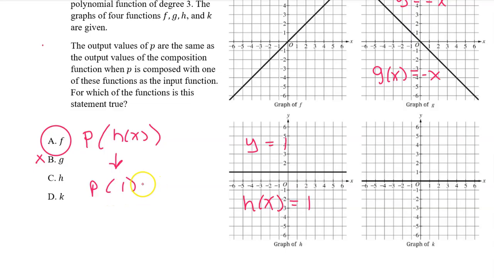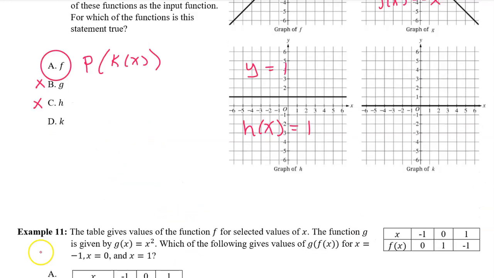Will p at 1 equal the original function p of x? No, p of x is some type of a cubic function, but p at 1 is just a constant. Right? We're just plugging in a single number. So that's just going to be a constant. So that's not going to be the same.